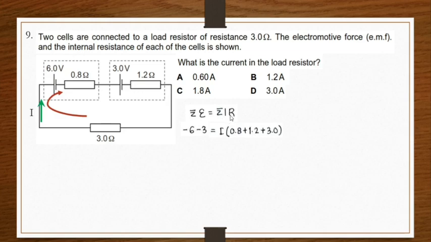So the sum of potential difference will be I multiplied by 0.8 plus 1.2 plus 3, which is equal to 5. So I will be equal to -9 over 5. It is minus 1.8 amperes. This negative sign, I think you don't have to mind that. We just have to find the value of the current, which is equal to 1.8. The answer is C.